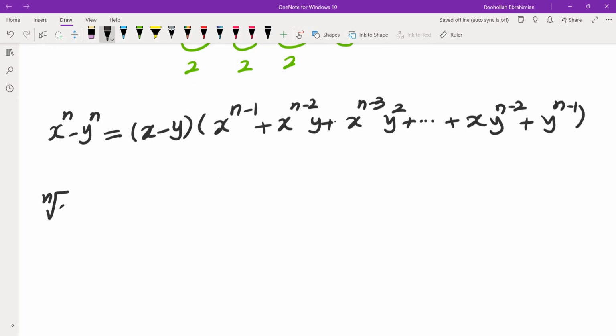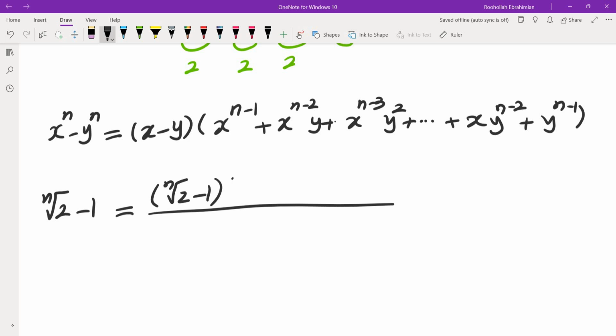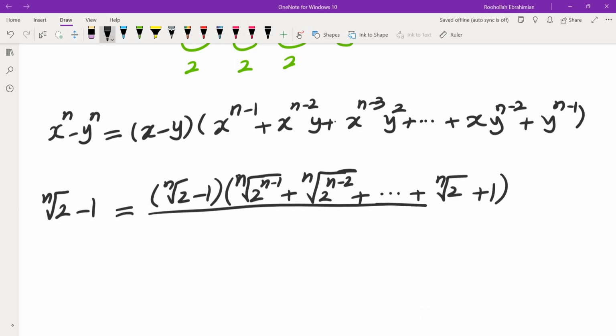So if I look at the nth root of 2 minus 1, I can multiply by the conjugate: the nth root of 2 to the power of n minus 1, plus the nth root of 2 to the power of n minus 2, plus all the way to the nth root of 2, plus 1. The denominator would be this sum.